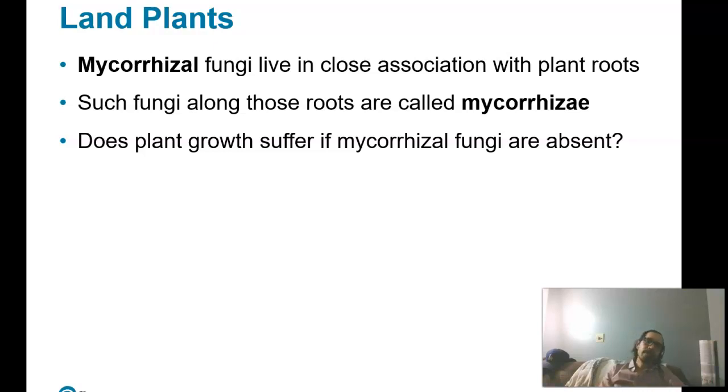The mycorrhizal fungi live in close associations with plant roots. These fungi along the roots are called mycorrhizae. So one question that you can ask is, would the plant growth suffer if mycorrhizal fungi were absent?